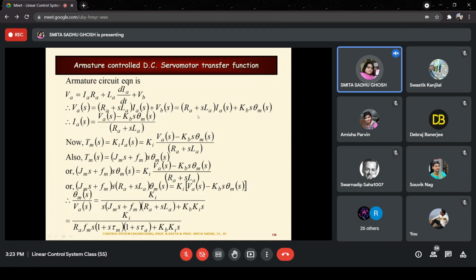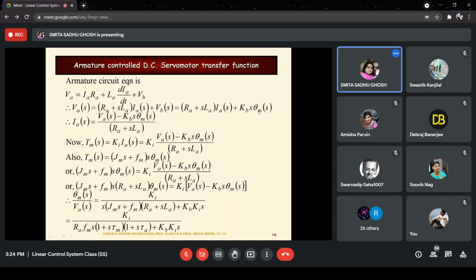From there now, VB(s) we've already written on the previous slide. So instead of VB(s), we substitute KB into theta m dot, the time domain expression. That is s theta m(s). So KB s theta m(s) actually has been substituted in place of VB, the rest of the things remaining the same.